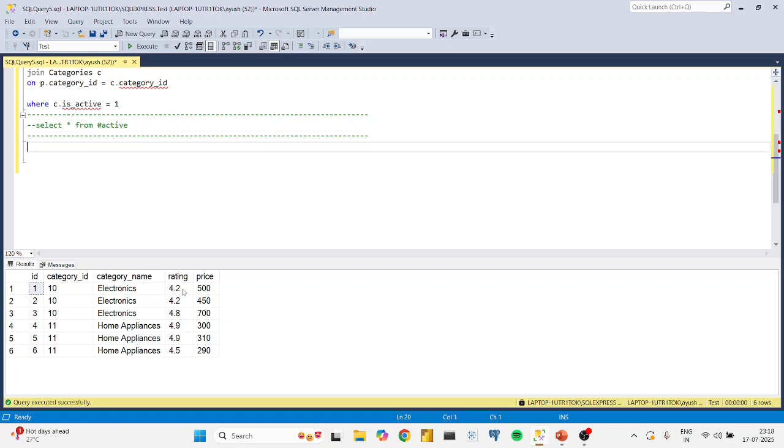Since we have combined the product and categories tables into one table, we are only going to use this table. So what we can do is select category ID. Here I want to tell you about the group by that we are going to do.